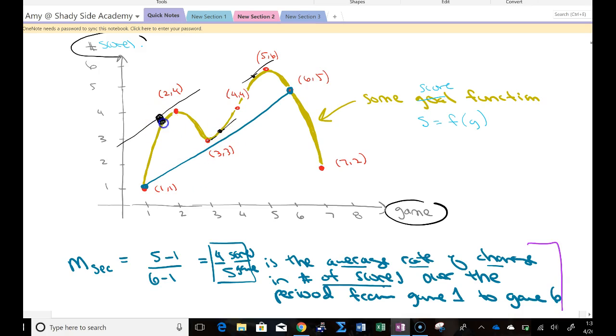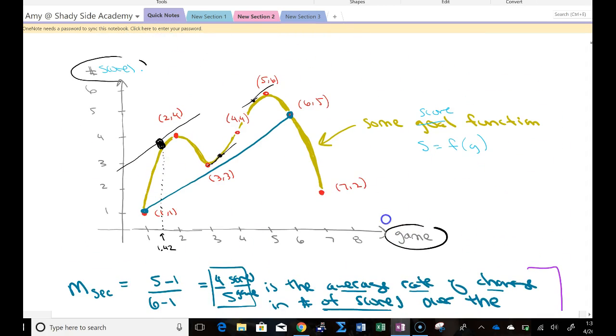And let's just focus on this one here. Because I don't know what the function is, I just made this up. Let's say that this value here is 1.42. Okay? And I'm going to show or give an explanation about what's going on with Thomas in terms of his lacrosse game in the context of the mean value theorem.